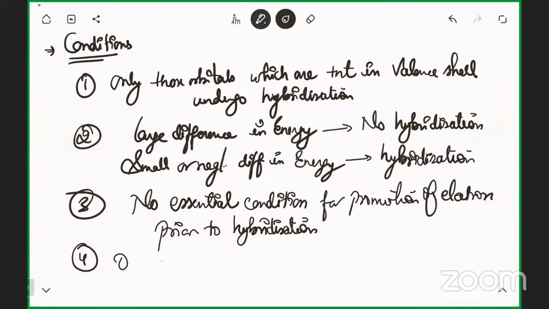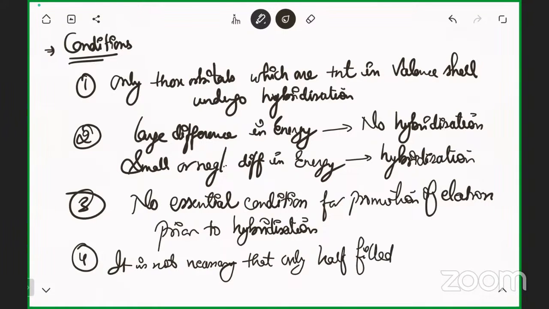Fourth point: only those orbitals which are half filled will participate in the bonding. No, this is not necessary in case of VBT. It is not necessary that only half-filled orbitals participate.